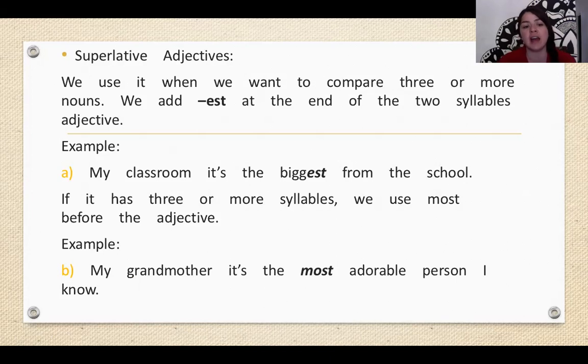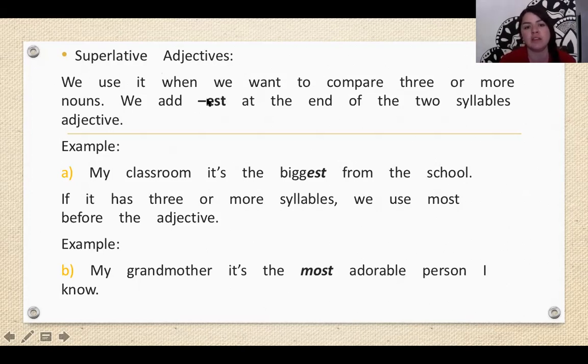Now, if it has three or more syllables, we use most before the adjective, okay? My grandmother is the most adorable person I know. You see? Adorable is a really long word, so we need to add most before the adjective, okay? In the superlative, we don't use than because we are comparing more than two things, okay?